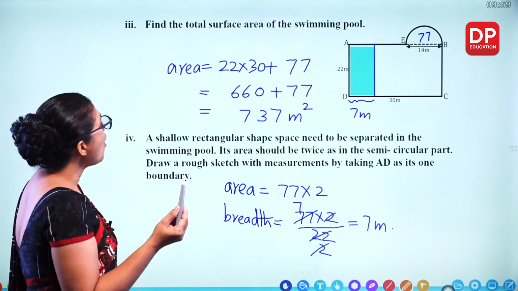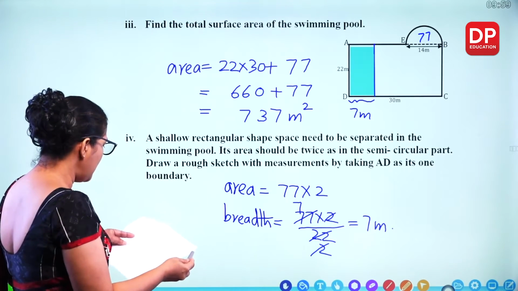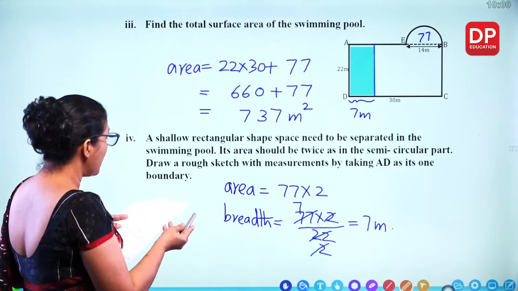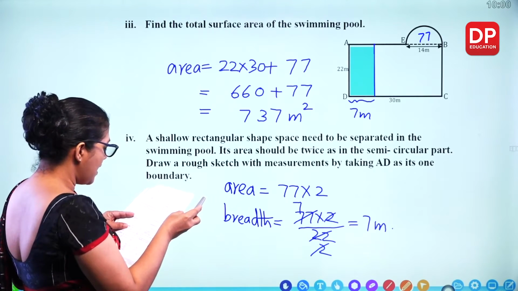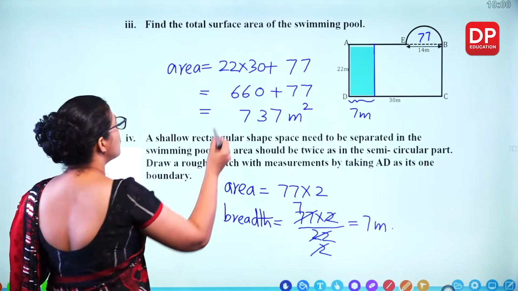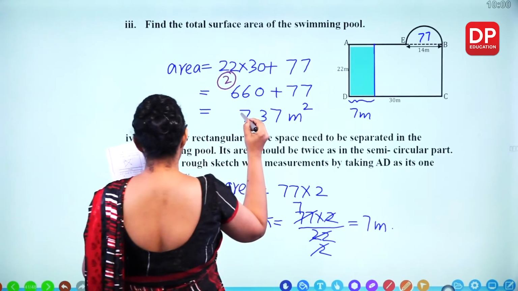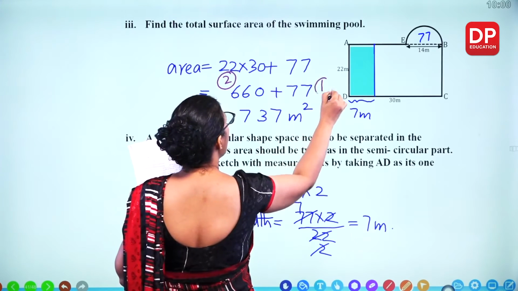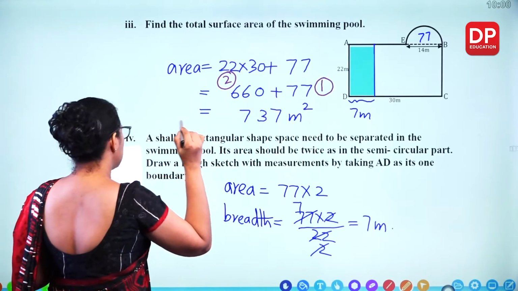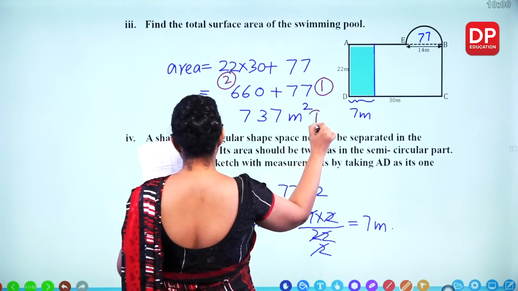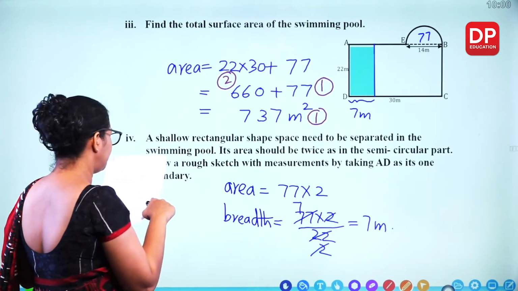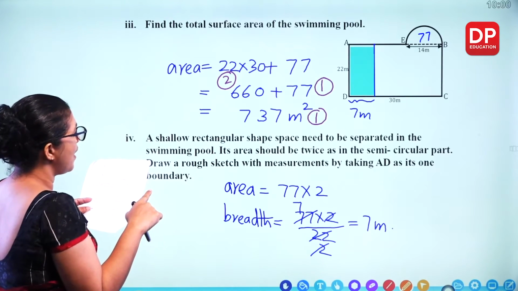So we'll see how many marks for part 3. For 660 you get 2 marks, and then adding 77, 1 mark, 737, 1 mark. So 4 marks for that part.